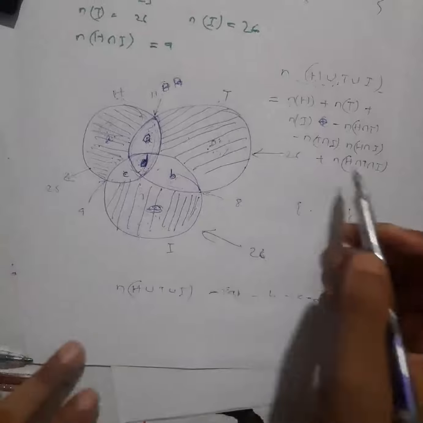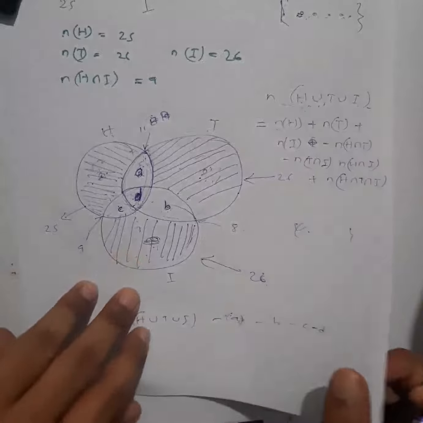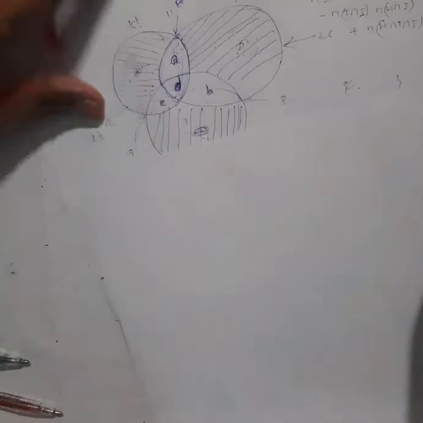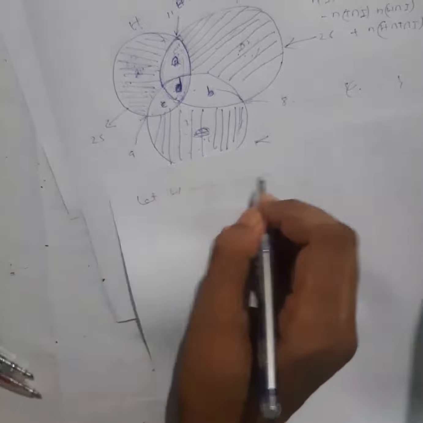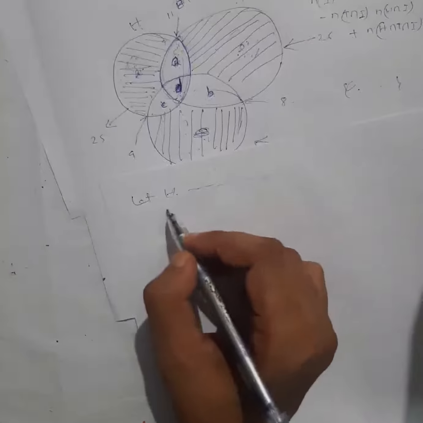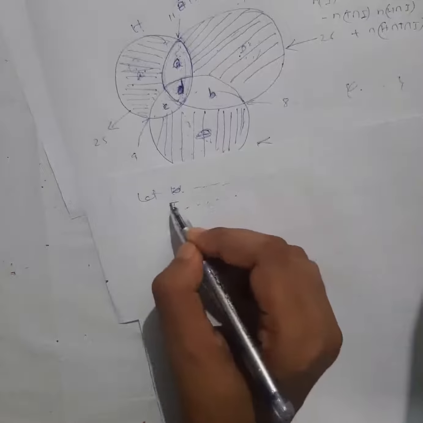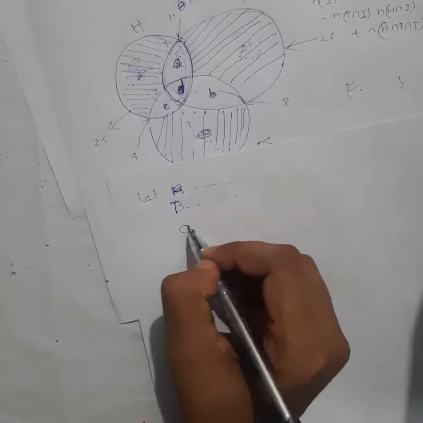So let's solve this one. This you solve yourself. Try to find out how many it will be. Okay, let me do it. Some student might have done already, right? So you can verify your answer. So first thing, always mention let H be this. H be the set of people who read newspaper H. T be the set of, I have taken that name only, or if you want you can take names A, B, C like this also.